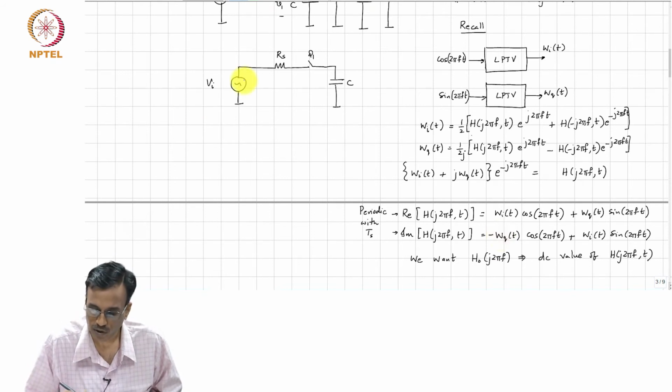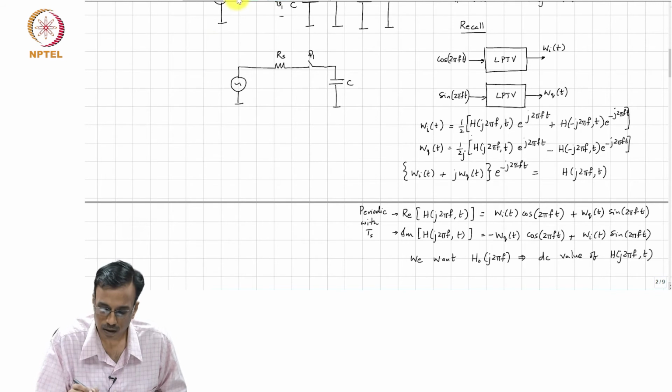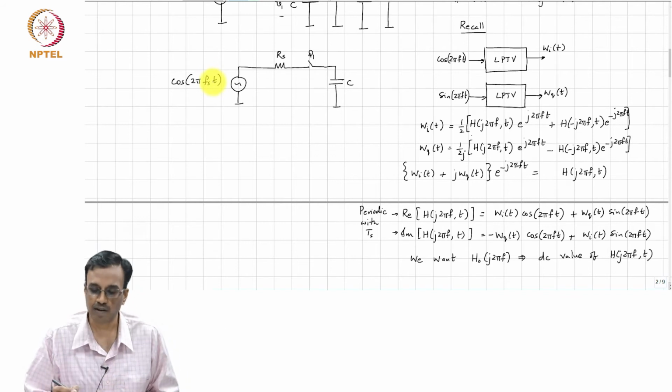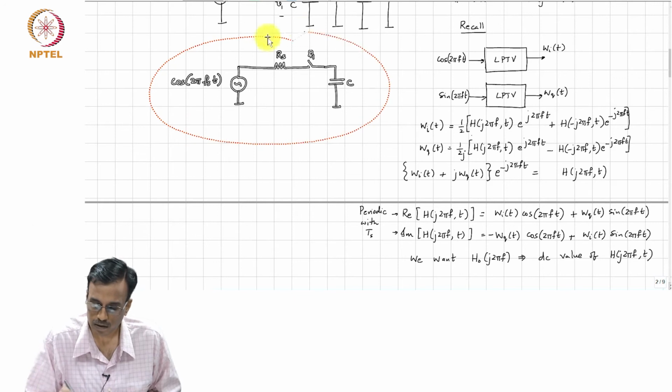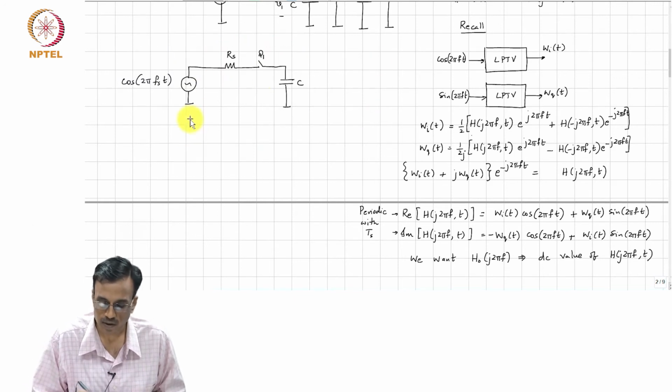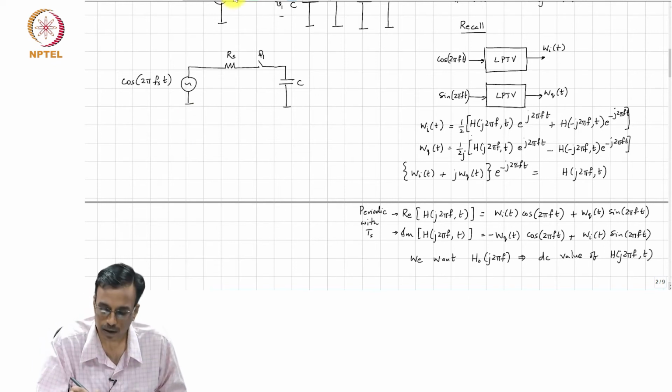Now, therefore, the first job is to excite this with cosine 2 pi Fs times t, because we are interested in finding the harmonic transfer function at an input frequency which is Fs, correct.